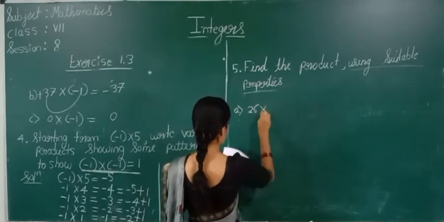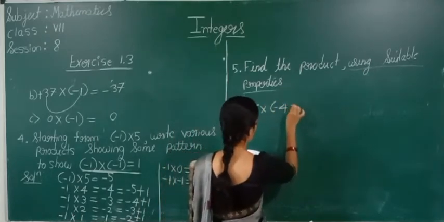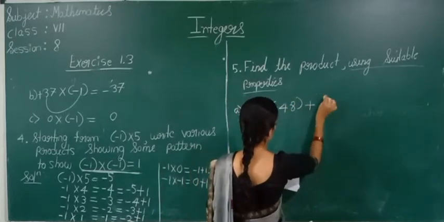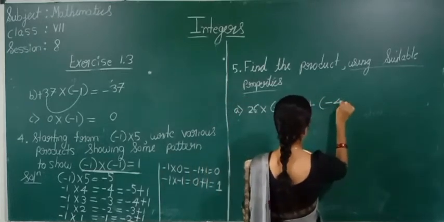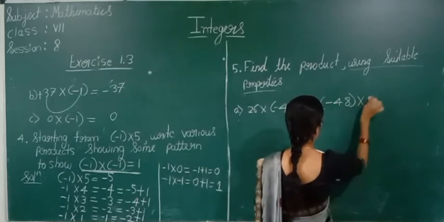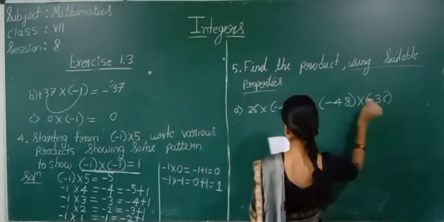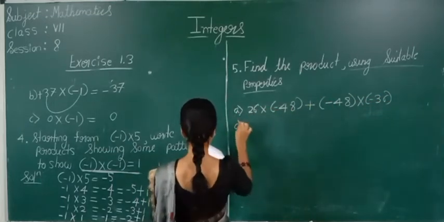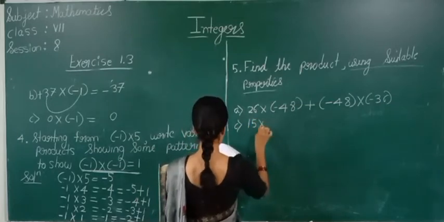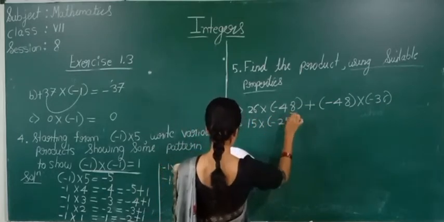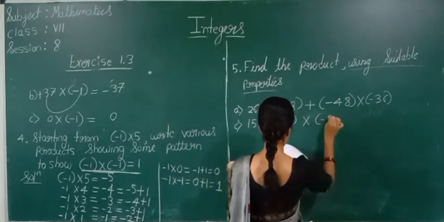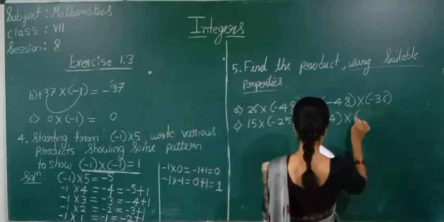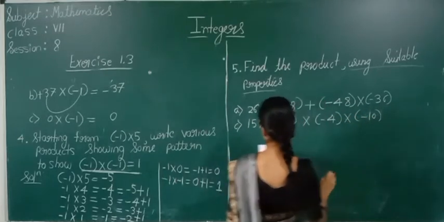First one, 26 multiplied by minus 48 plus minus 48 multiplied by minus 36. C, 15 multiplied by minus 25 multiplied by minus 4 multiplied by minus 10.